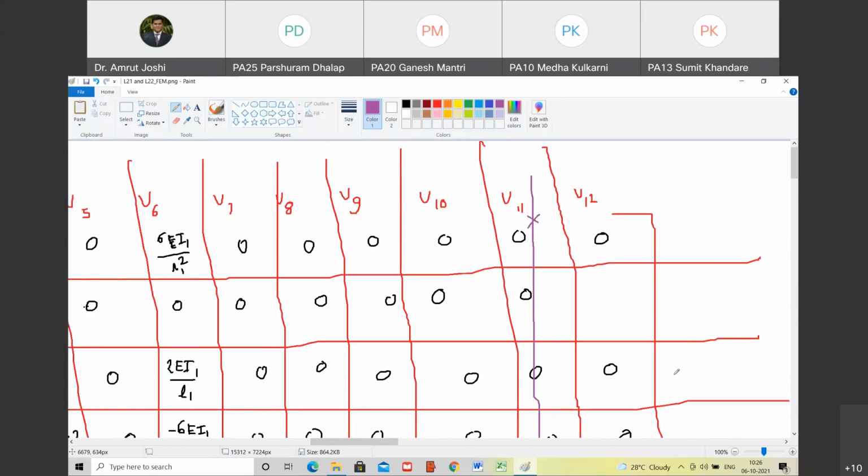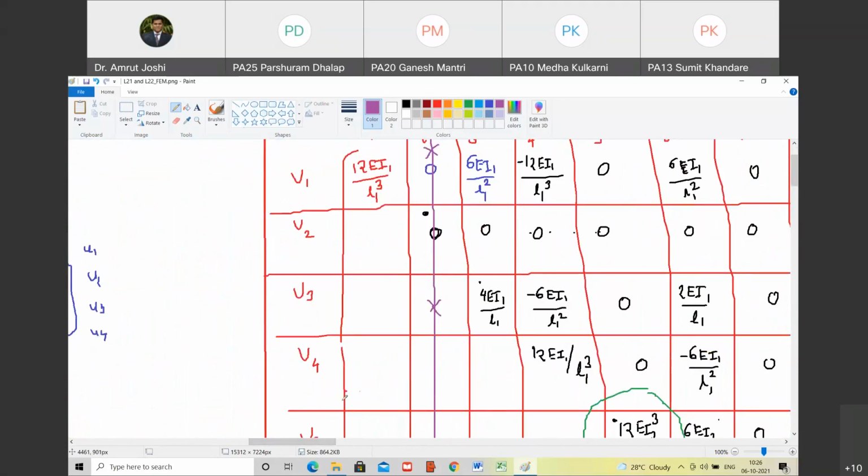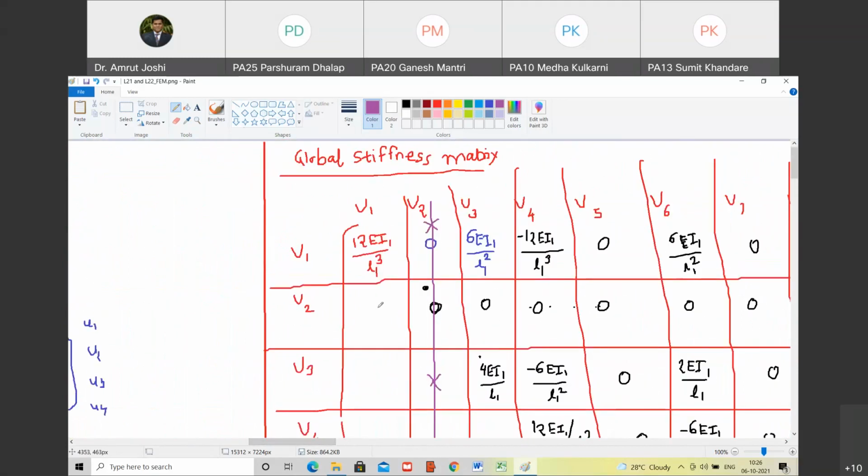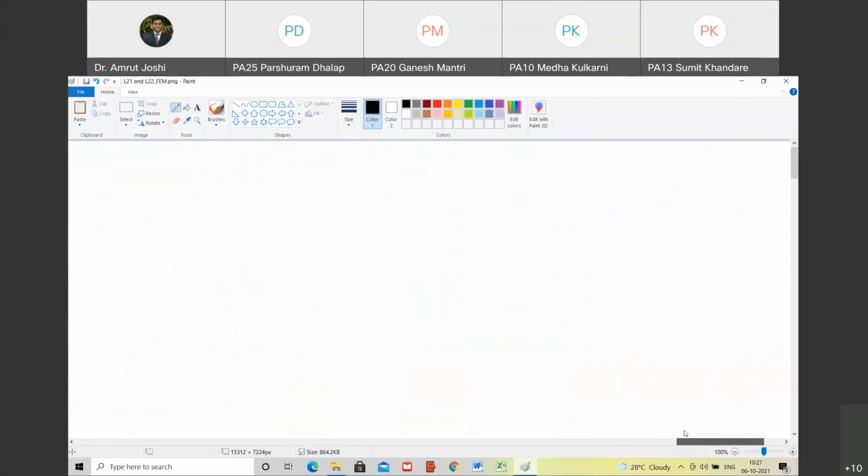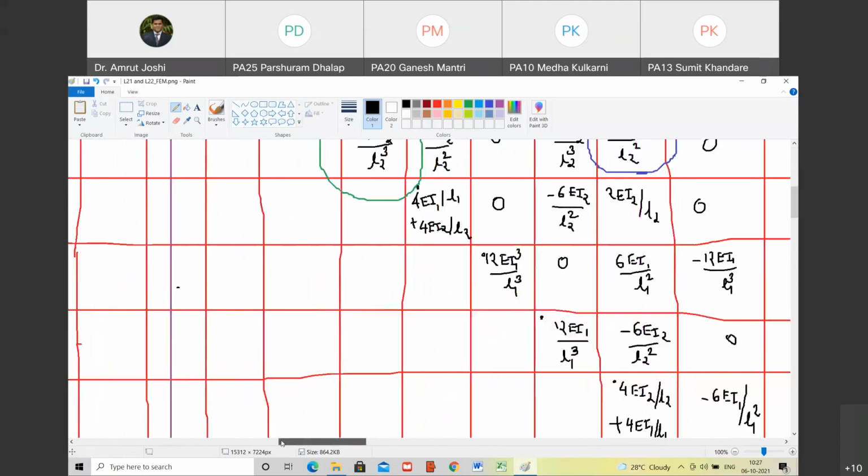अगर मैंने सिर्फ 2 कॉलम रिमूव कर दिए तो स्टिफनेस मैट्रिक्स रेक्टेंगुलर हो जाएगा, जो कि हो नहीं सकता. बट you have to also cancel out rows. So what is the row corresponding to U2? So I am also not considering this row. ये रो भी कैंसिल किया because that is corresponding to U2 and U2 is the dummy degree of freedom.